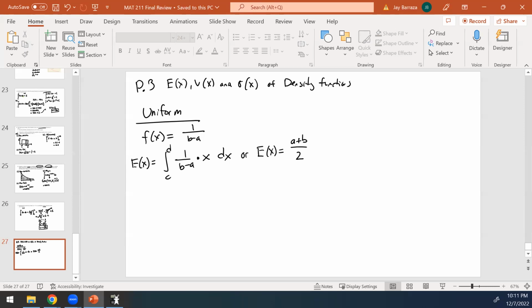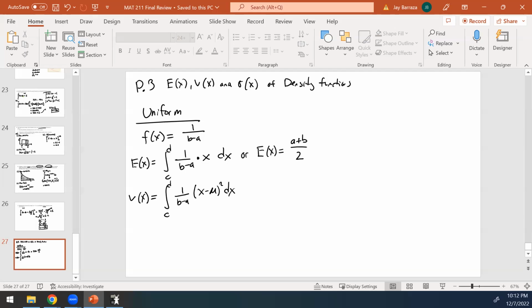You don't have to take the integral. The variance is equal to the integral from c to d of 1 over b minus a times x minus mu squared dx. You would actually have to put that in the integral. Okay.